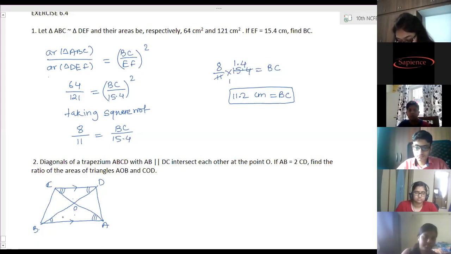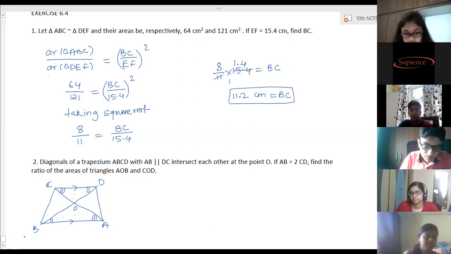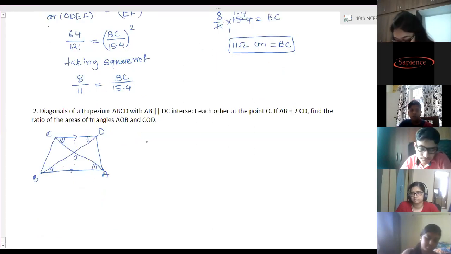So by AA similarity, AOB and COD are similar. Then when you show similarity, take the corresponding side ratio. In that we can take AB and CD as corresponding sides. So AB by CD whole square. And we know AB is twice of CD, so substitute that value and you will get the ratio. First you have to prove triangle similarity.